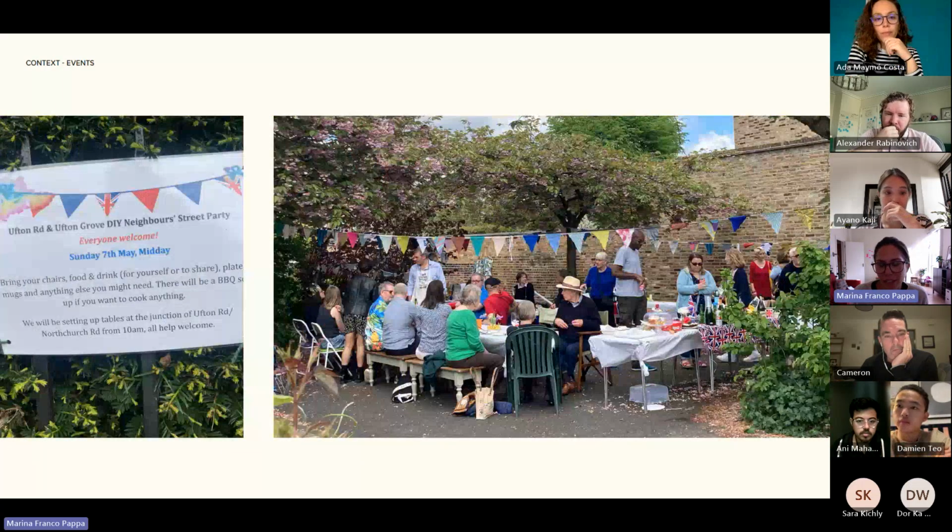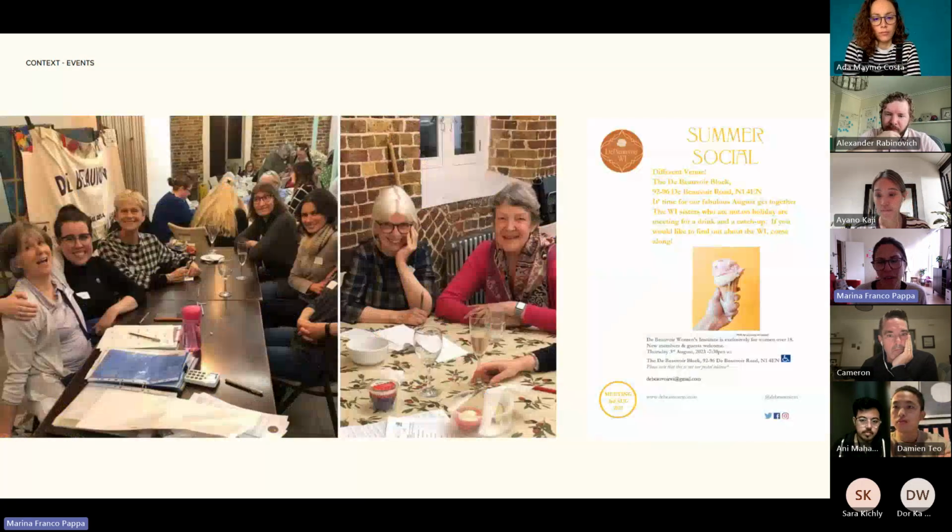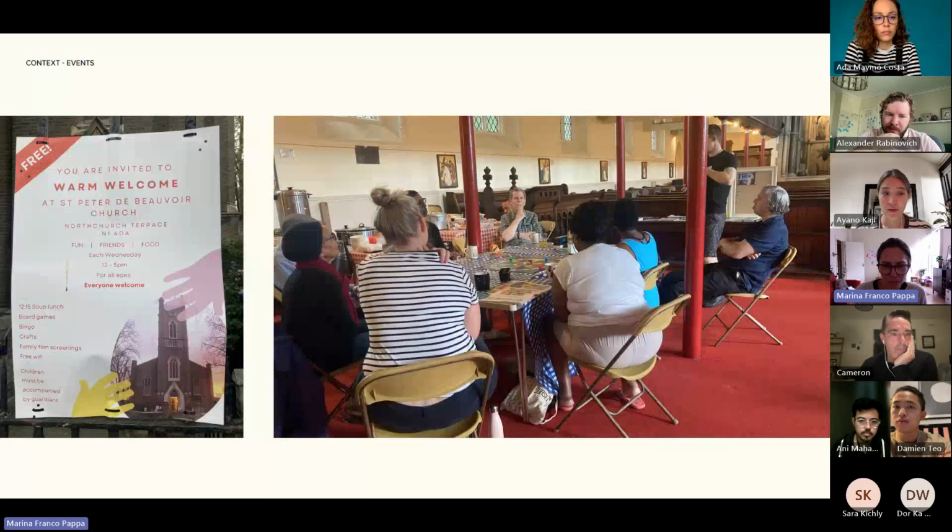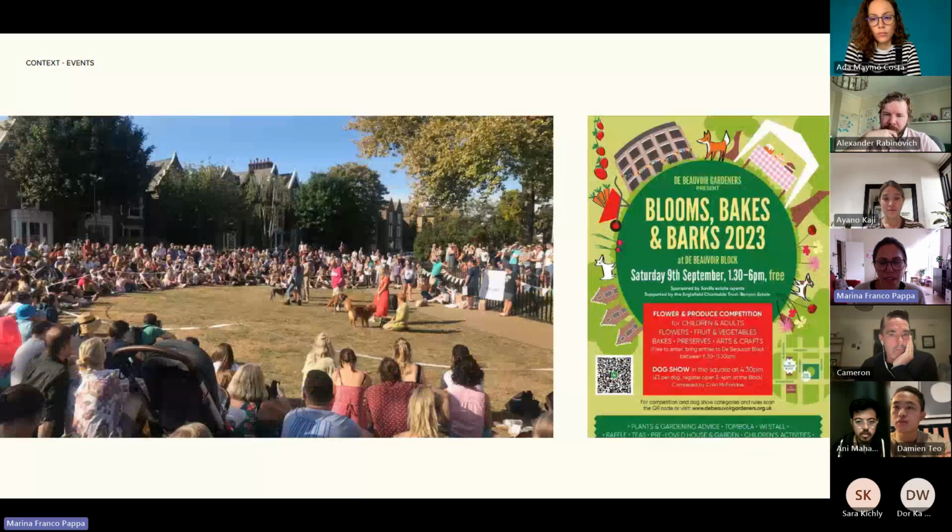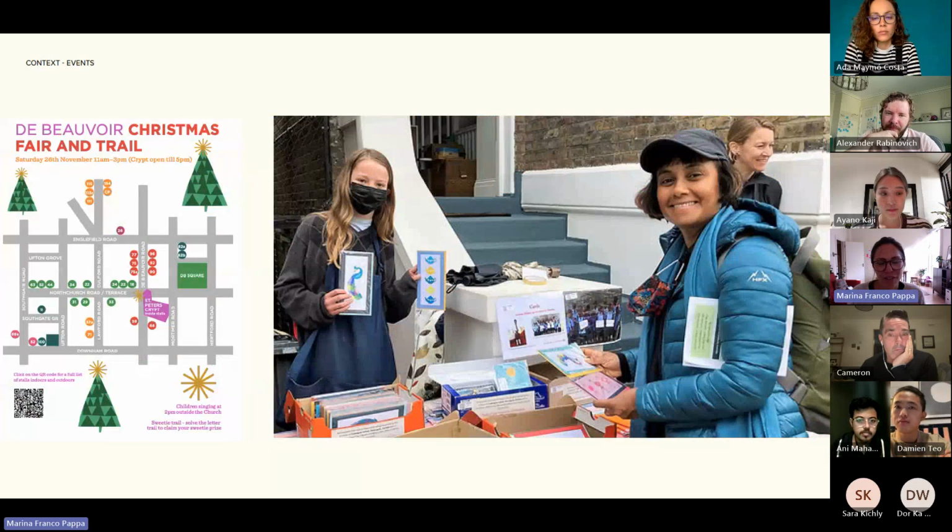They throw lots of different parties. There was a barbecue for the coronation of the king, and we have the Women's Institute. We have these gatherings at the church, which I'm volunteering at, every Wednesday. We have the summer party with a dog show and everything, and Christmas fairs.